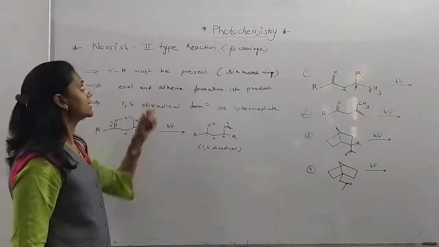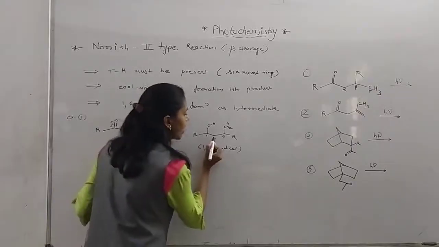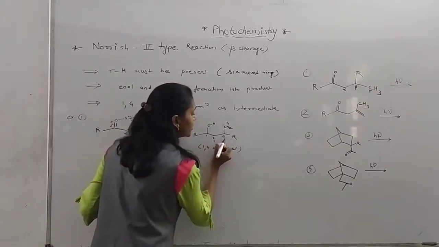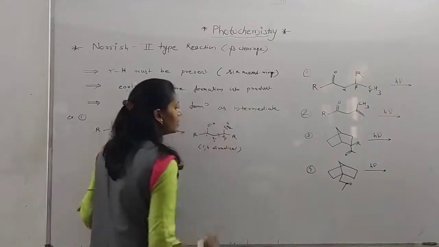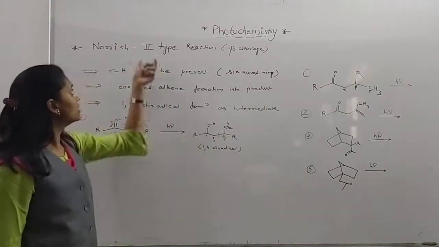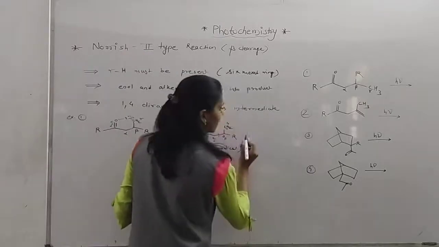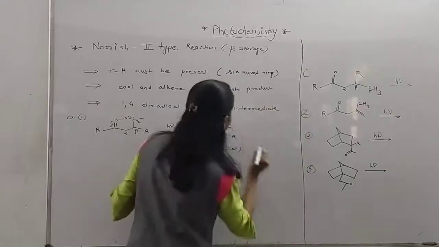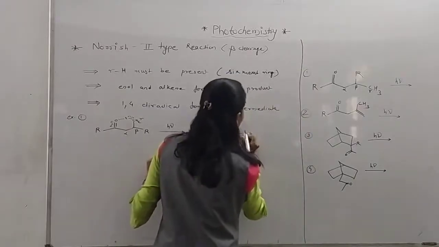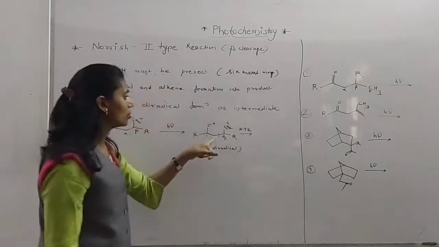Or we say that this reaction happens by beta cleavage. That means this is the alpha bond, this is beta, and this is gamma. So this bond will break if we do the reaction by Norrish type 2. I have written Norrish type 2 in abbreviated form.